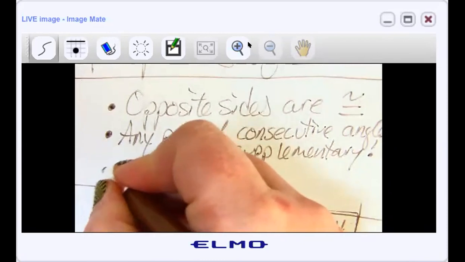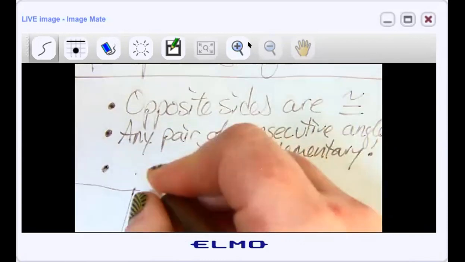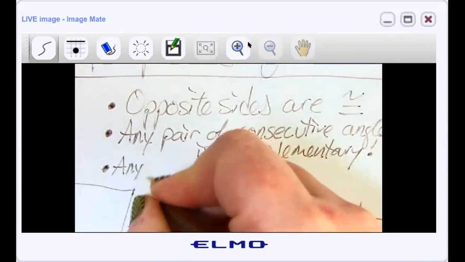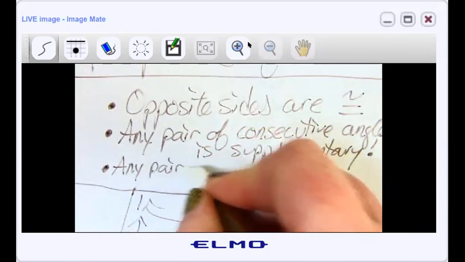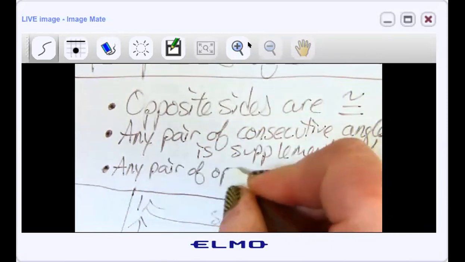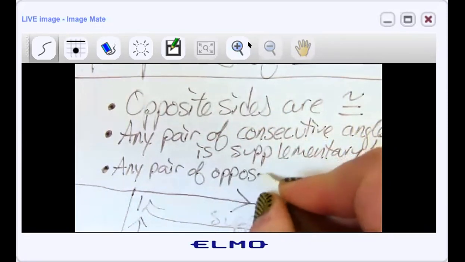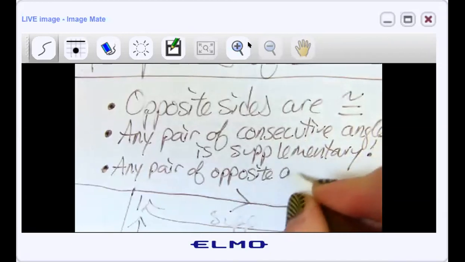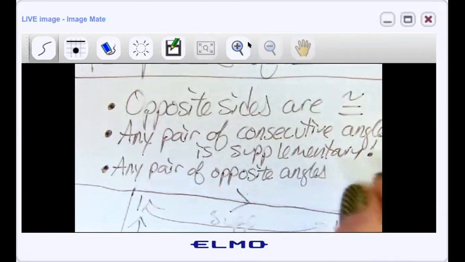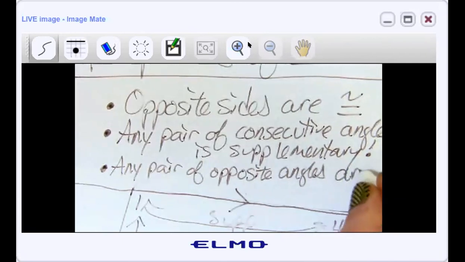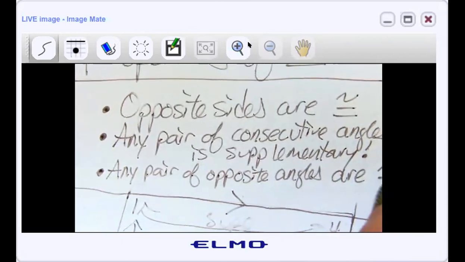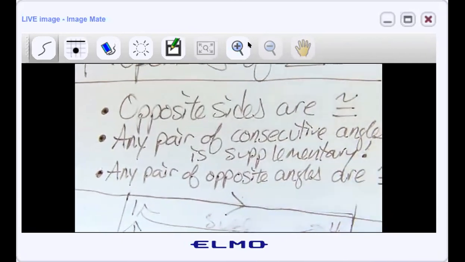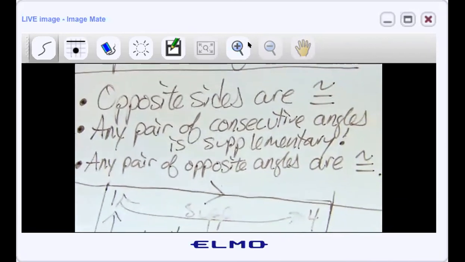So let's add that. Any pair of opposite angles are congruent.